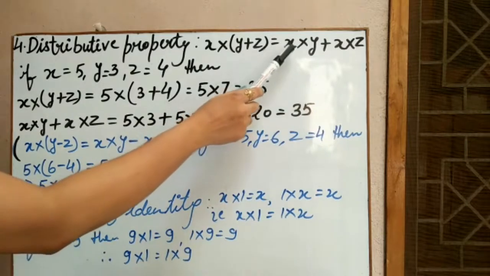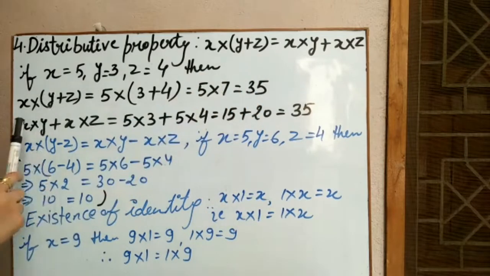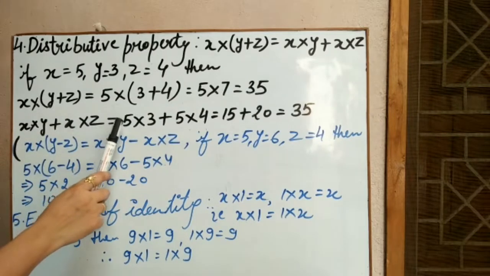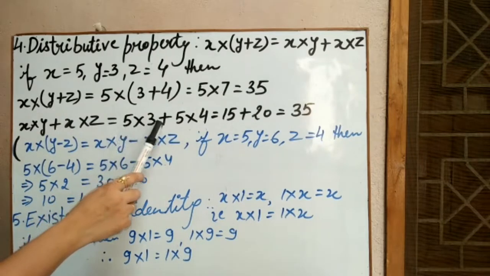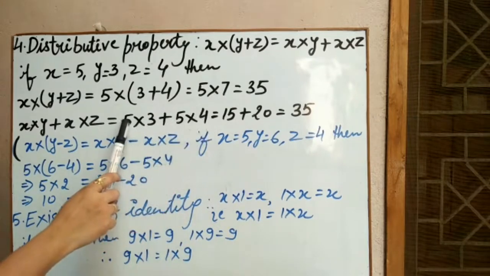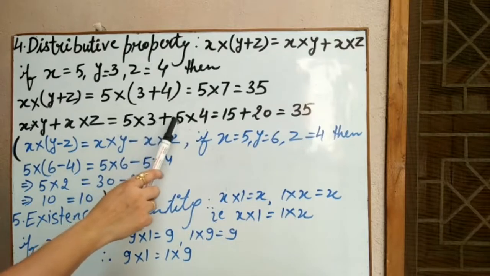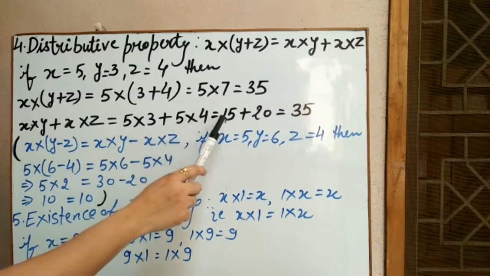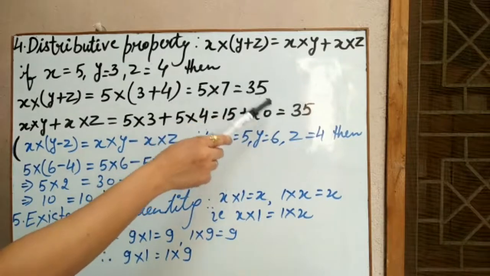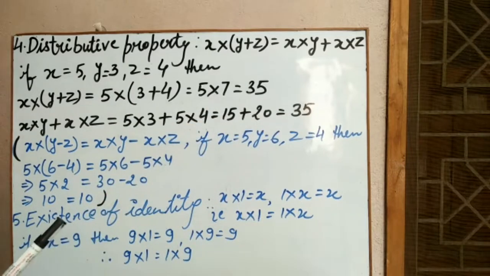Now we will find out the value of this one. x into y plus x into z is equal to 5 into 3 plus 5 into 4. 5 times 3 is 15, plus 5 times 4 is 20. 15 plus 20 is equal to 35. We can see both are equal.